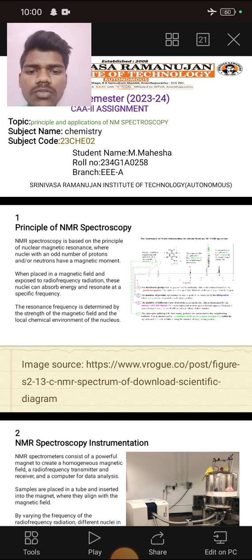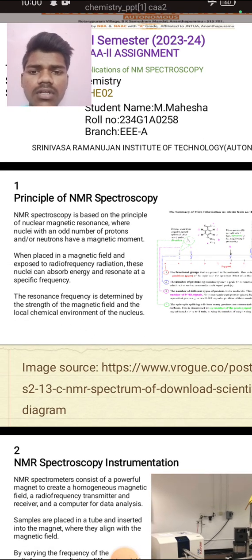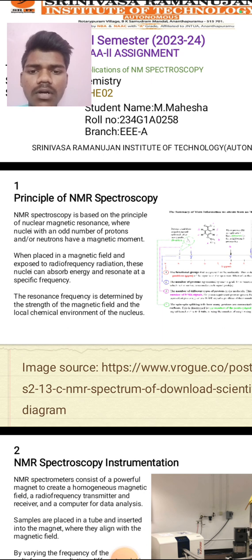Principle of NMR Spectroscopy. NMR spectroscopy is based on the principle of nuclear magnetic resonance, where nuclei with an odd number of protons and/or neutrons have a magnetic moment. When placed in a magnetic field and exposed to radio frequency radiation, these nuclei can absorb energy and resonate at a specific frequency.